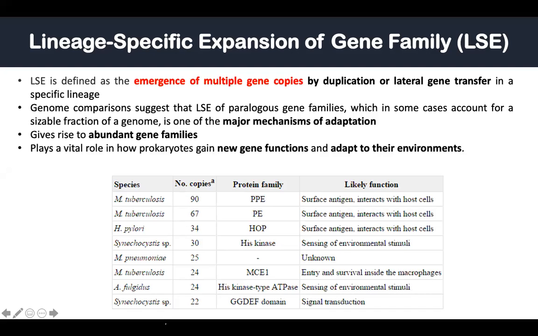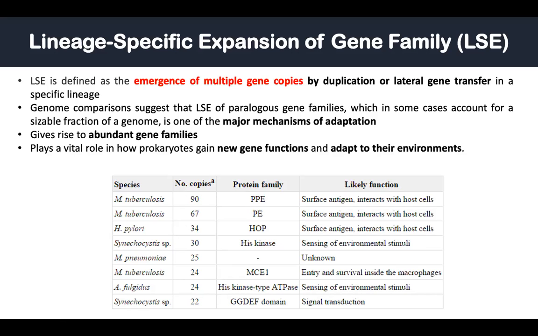You can see over here examples of some species and the number of copies of a gene, right? For instance, Mycobacterium tuberculosis has one protein family, known as PPE, which is the proline-glutamate protein family. They have 90 copies of this gene in their genome. So you can expect different functions of these proteins.